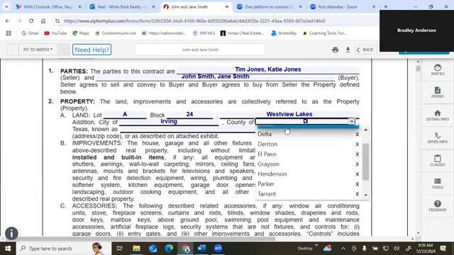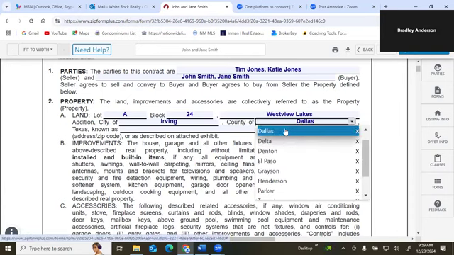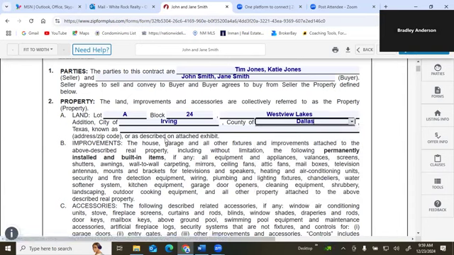County of, let's say that's Dallas, Texas, known as. So they even tell you what this is. You're going to put the address and the zip code, or as described on the attached exhibit, which would be a deed or something of that nature. But 9 times out of 10, it's going to be the address.